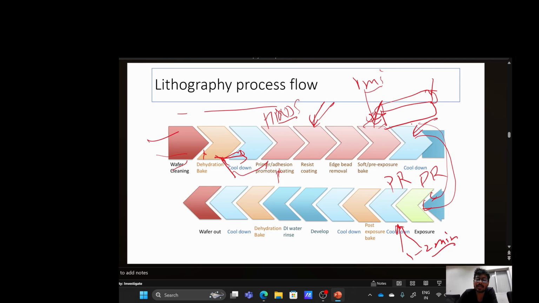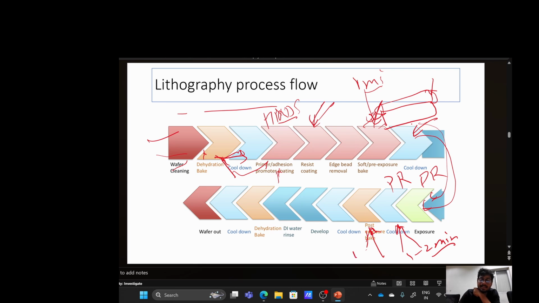Then you do the post exposure bake. To increase the kinetics of the reaction, you can do this post exposure bake, which also affects your feature size. This step is photoresist dependent, so it depends on the type of photoresist whether the post exposure bake is required or not.